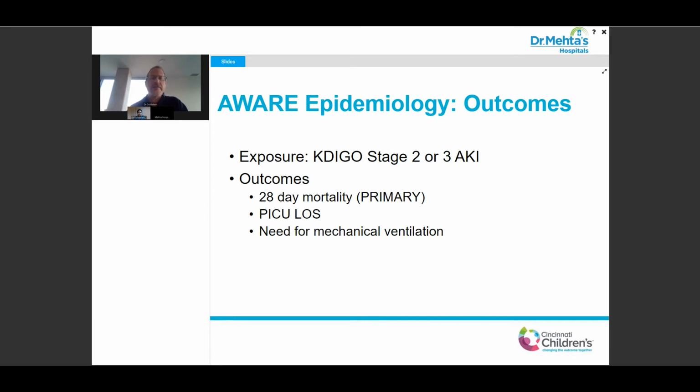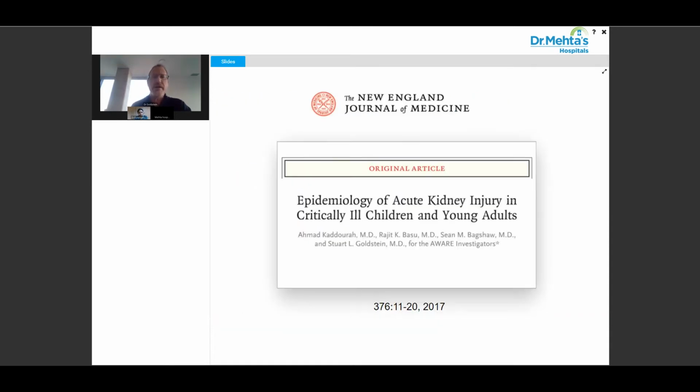And the higher of the 2 criteria was used as the maximum stage. Outcomes were 28-day mortality, and then secondary outcomes were PICU length of stay or need for mechanical ventilation. We published the AWARE data, the primary paper in the New England Journal of Medicine, now almost 4 years ago.